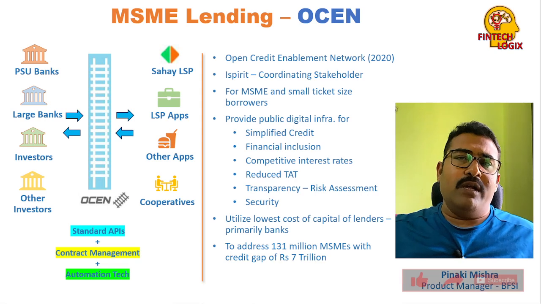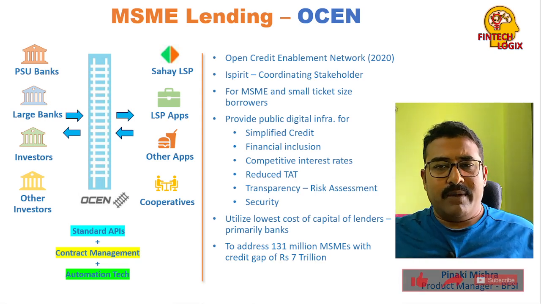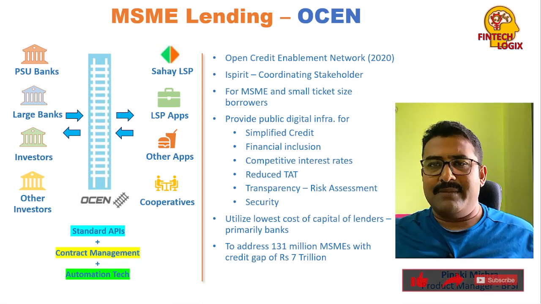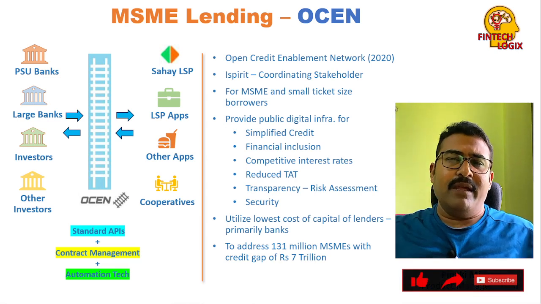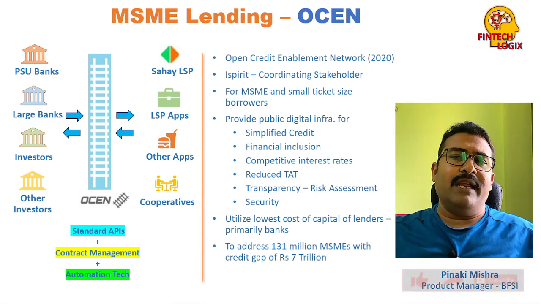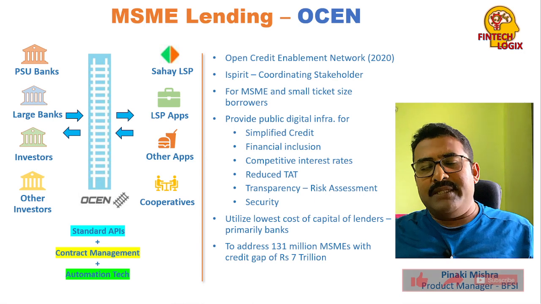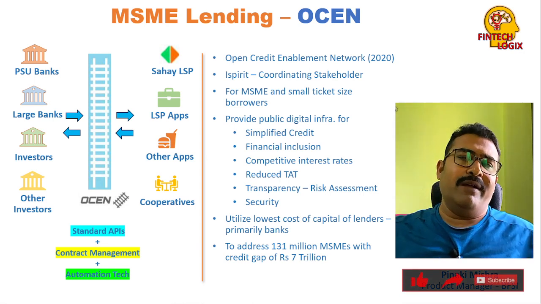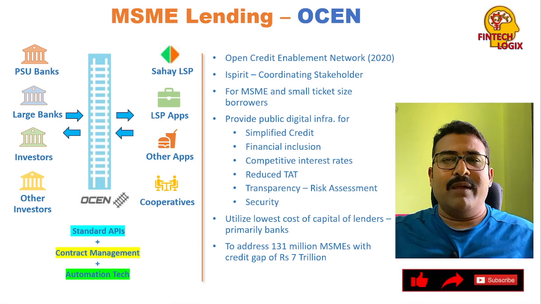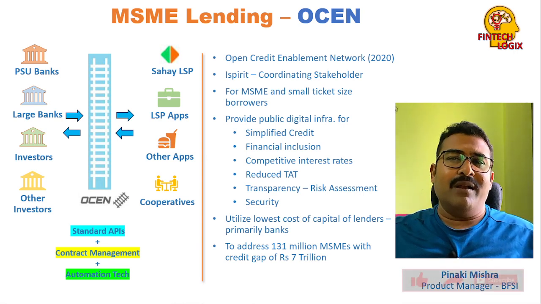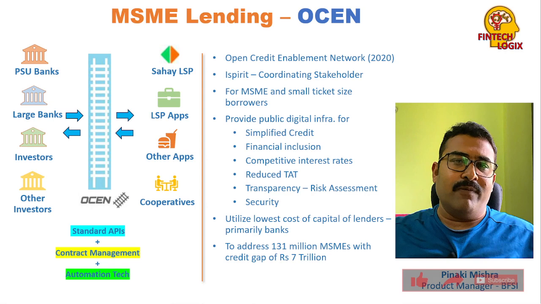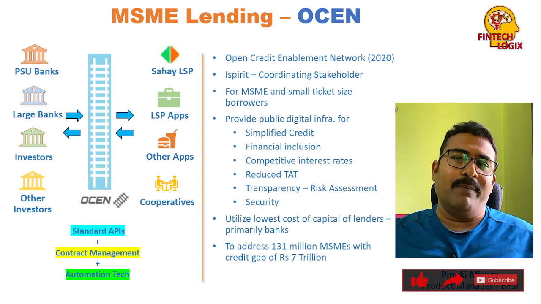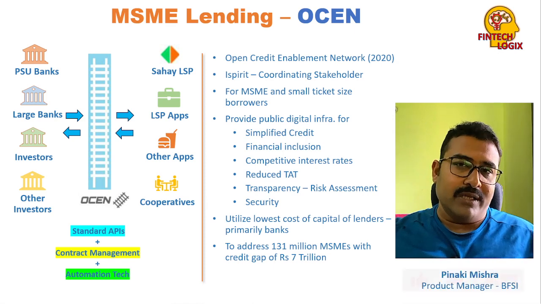Now, as we said, lower cost of funds would be used, which banks get the benefit of. This will substantially help bridge some of the gap in funding. We have to definitely remember that we have 131 million MSMEs to serve, and a gap of close to 85% of your $7 trillion, which is around $5 trillion.